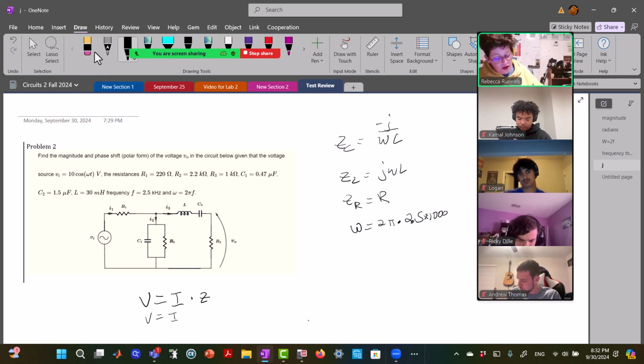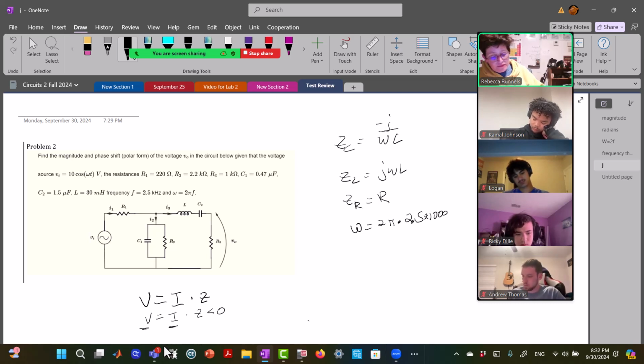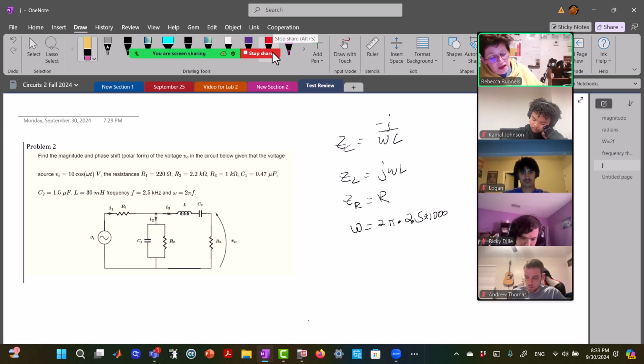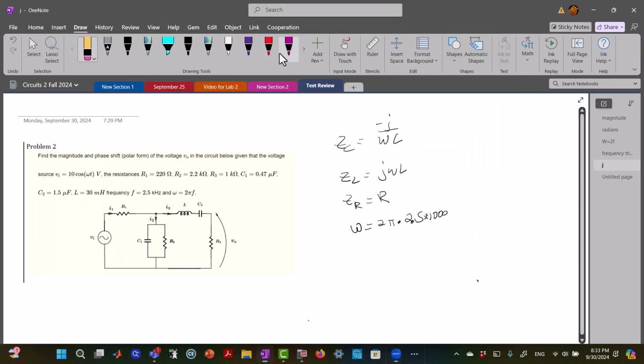The question is, why does the resonant frequency mean that the voltage and the current have the same phase? Because this will then be angle 0. If that's angle 0, that means the voltage and the current have to have the same phase angle. Okay, now we're going to find our values.